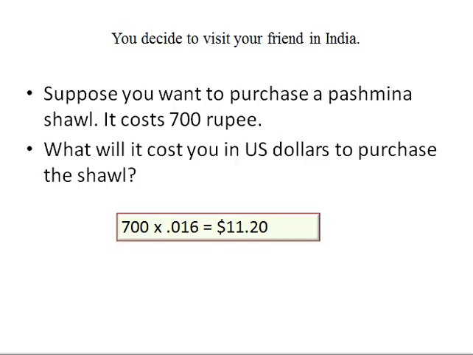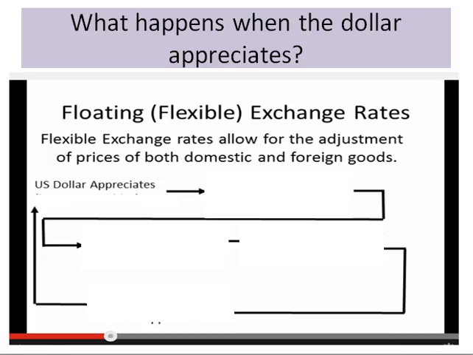The next thing we're going to look at is a pretty quick approach at what happens in the world market in the short run, midterm, and then long run in a free-floating market when something causes the US dollar to appreciate. Here we're looking at the flexible exchange rate system. There are no pegs and there are no managed floats.